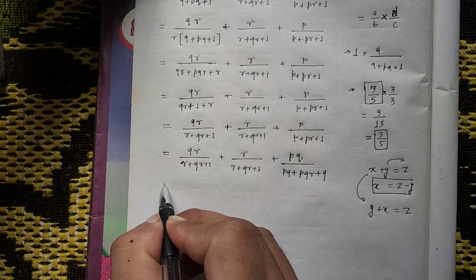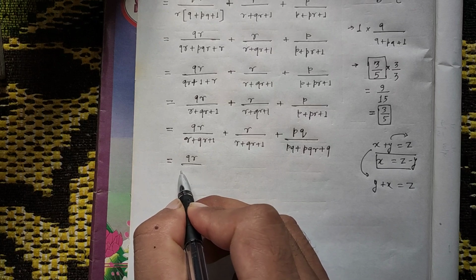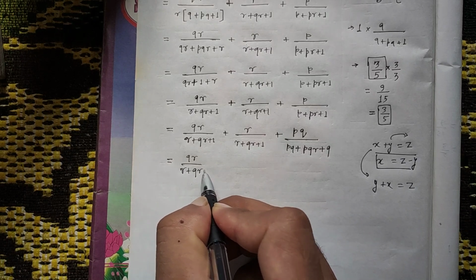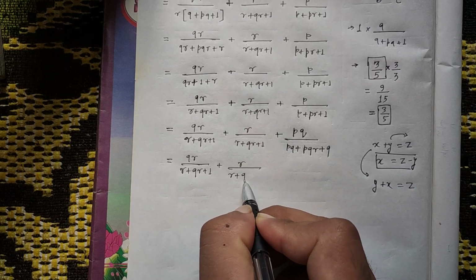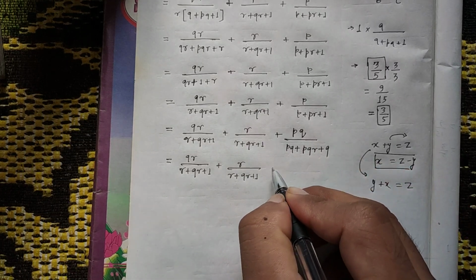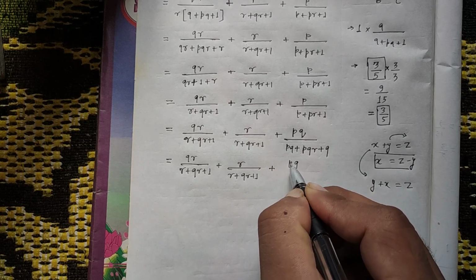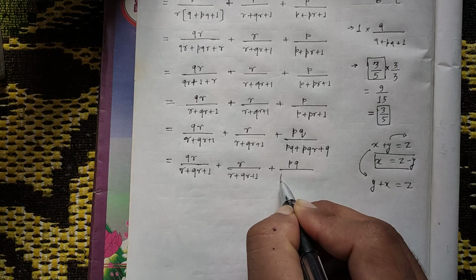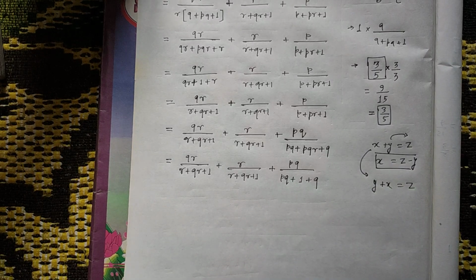We have not changed the other two terms, so they remain as they are, r plus qr plus 1. And see here, pqr is how much? Yes, pqr is 1. It is given already in the question, we can use it.